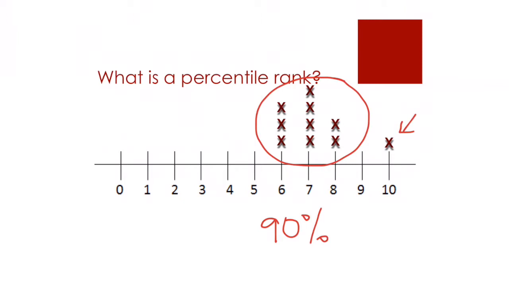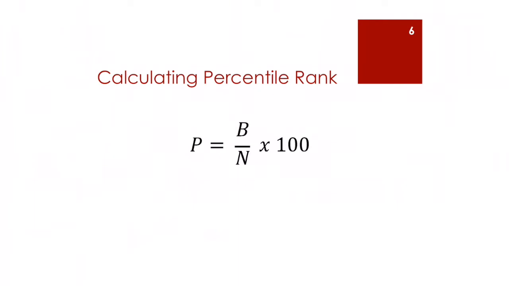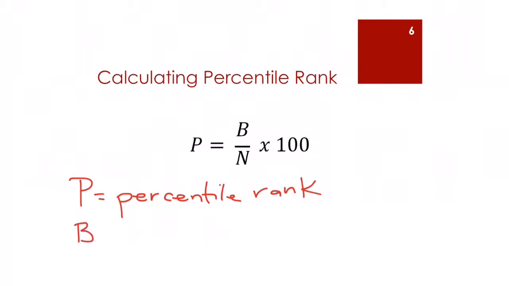So I'm going to go through the equation with you that we're going to use in order to calculate this. So this is the new equation that corresponds to the textbook we were using in class. So the equation is P, which represents, so P is your percentile ranking, where B is the number of scores below a given score.